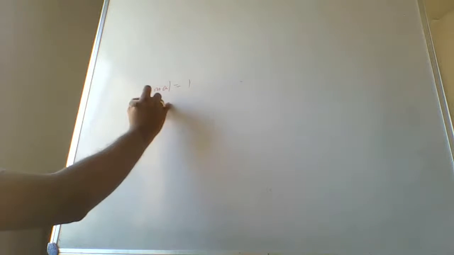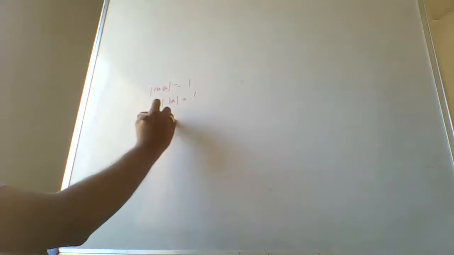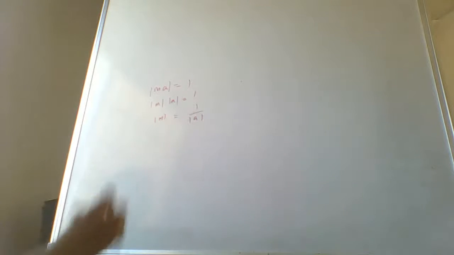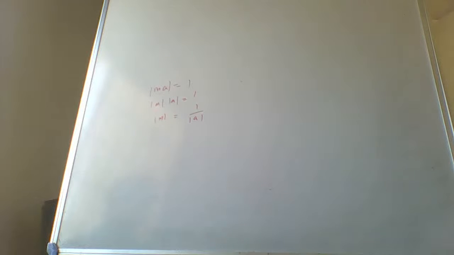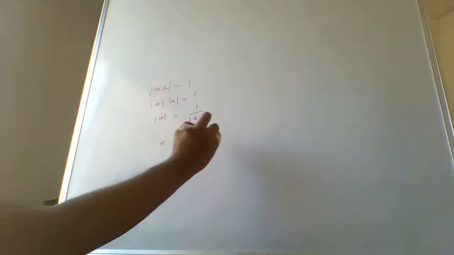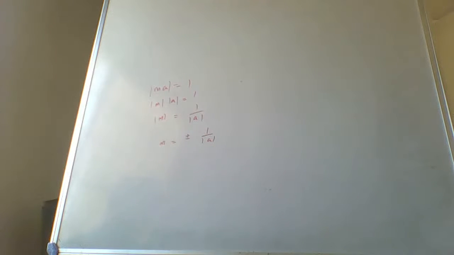So mod M times mod A is equal to 1. So mod M is 1 by mod A. Or if you remove the modulus, M is plus or minus 1 by mod A. So that's the solution.